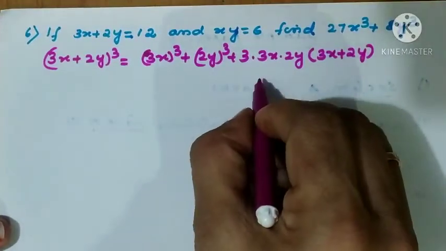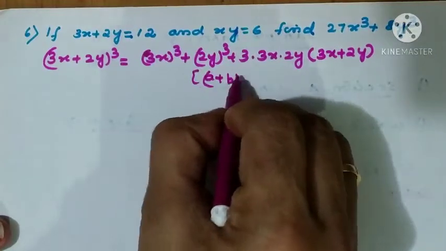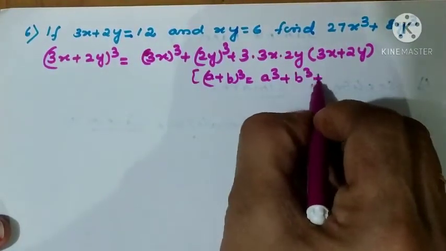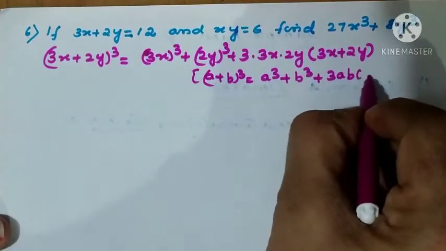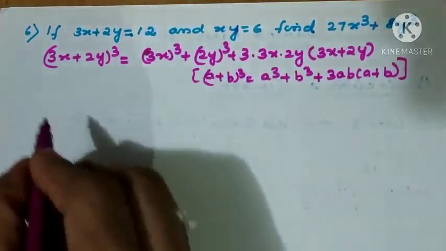If anybody has a doubt, I'll write the formula: a plus b whole cube equal to a cube plus b cube plus 3ab into a plus b. Same formula only we have written.